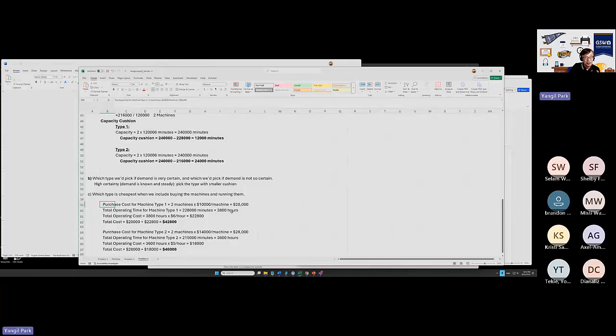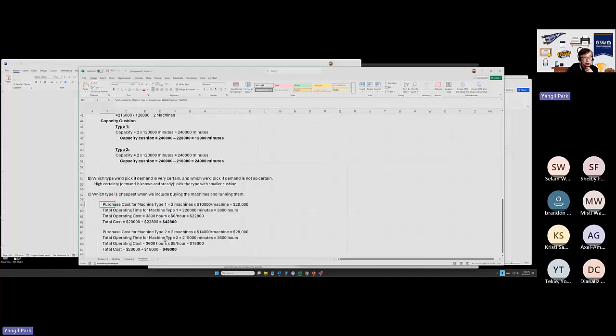Divide by 60, and we have 3,800 hours. Operating cost, which is $6 per hour. So just multiply that, then we'll end up having 22,800. And total costs, add those two costs, which is machine cost and operating cost.